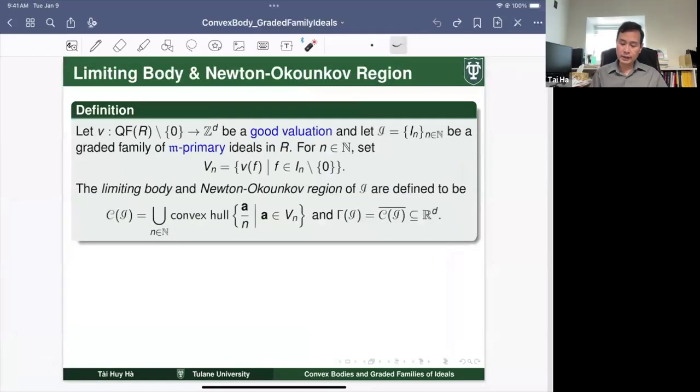More generally, if we start with a graded family of m-primary ideals, and let's say that we do have a good valuation, and once again, I'm omitting what good valuations are.